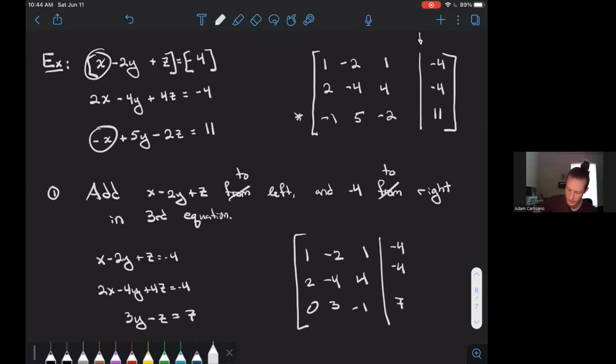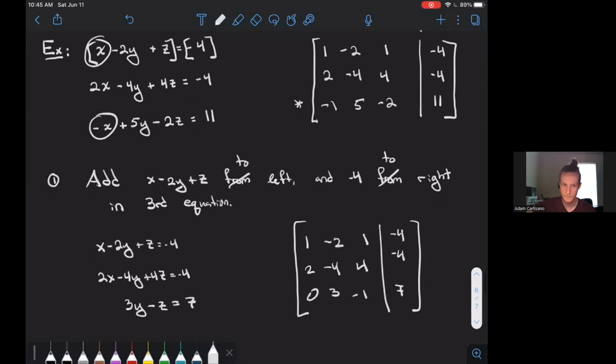I did exactly the same thing, but it was more arithmetic and less algebra, so it's a little faster to use the augmented matrix.